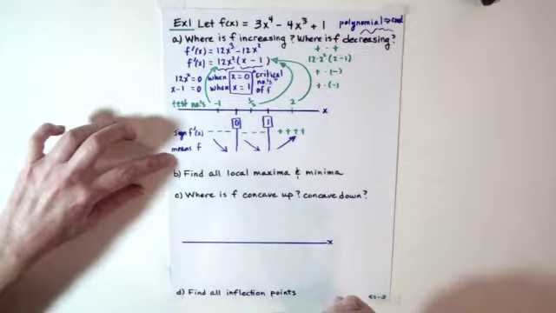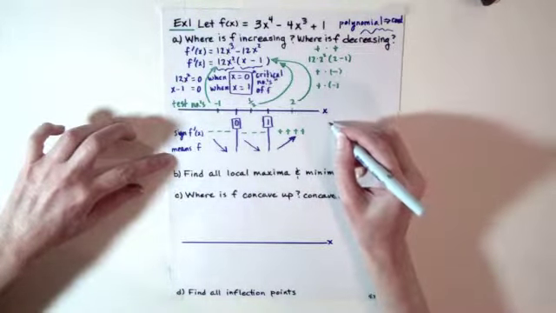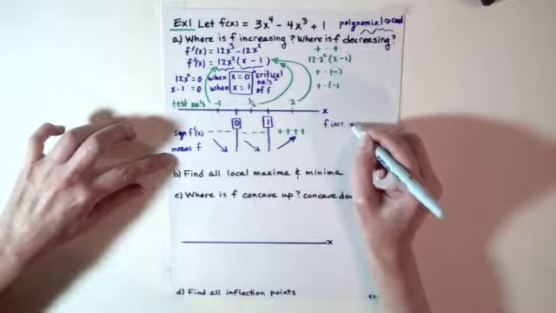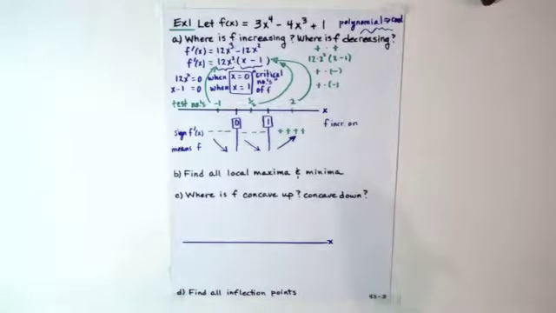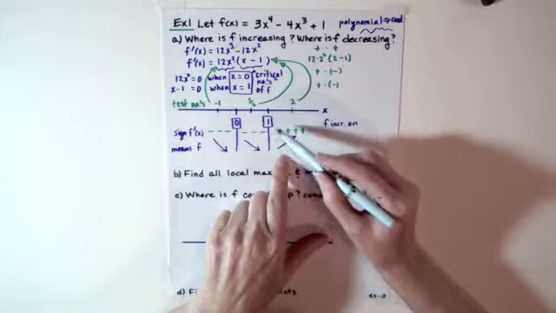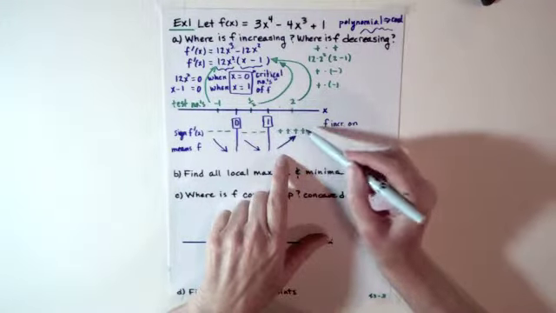If you were to write out your answer to this in a very precise way, we would say f is increasing on the interval. What interval is it increasing on? According to our little diagram, it's increasing when x is greater than 1.